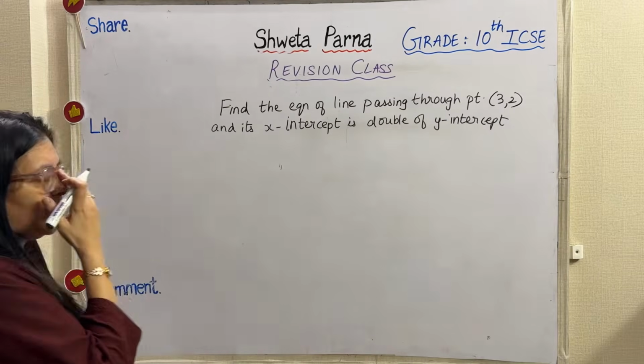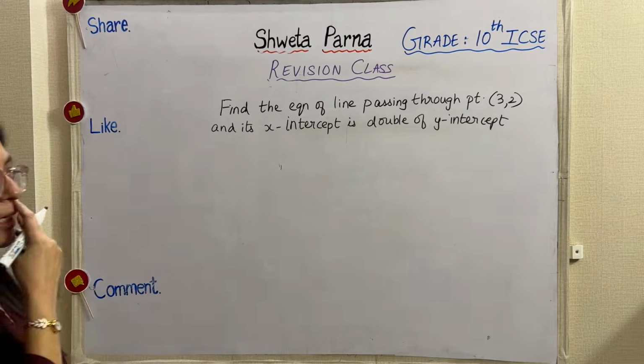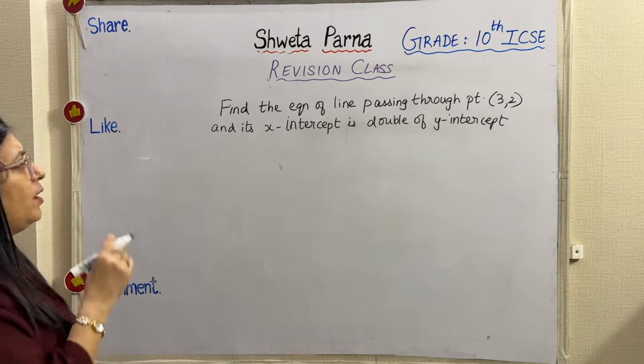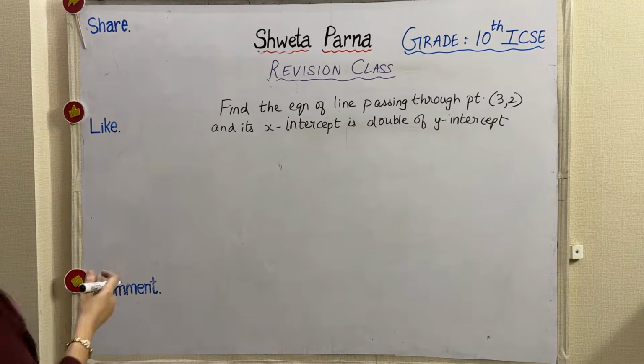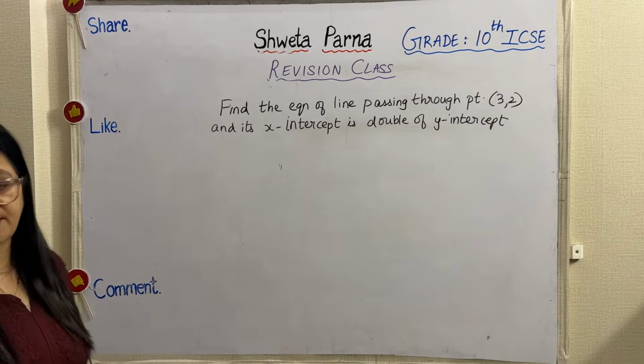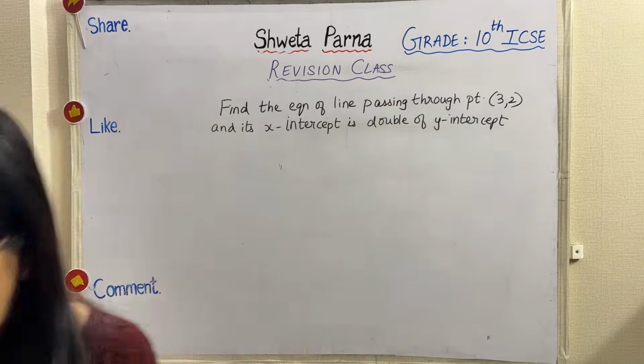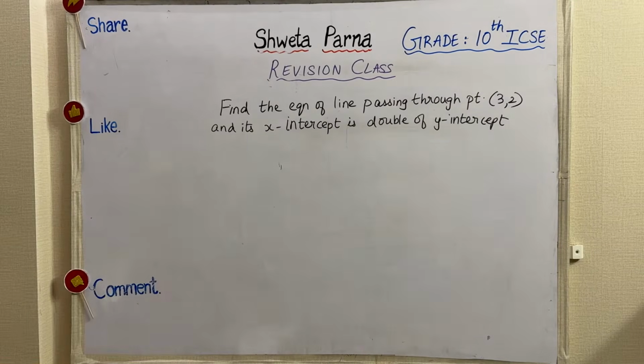Find the equation of a line passing through the point (3, 2), where the x-intercept is double the y-intercept. Come on, find it. Send the answer to me on chat.